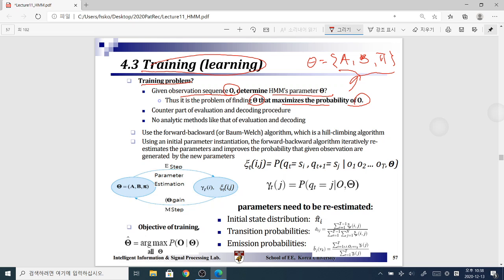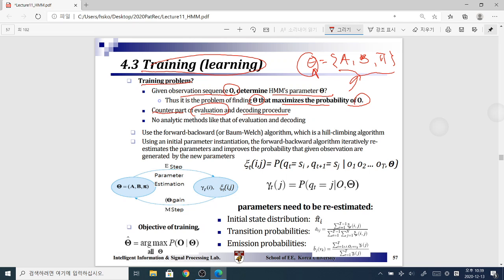So this would be actually considered as the counterpart to the evaluation and decoding procedure, because for evaluation and decoding, what you need would be the parameters. On the other hand, in order to obtain the model, you would perform the evaluation.